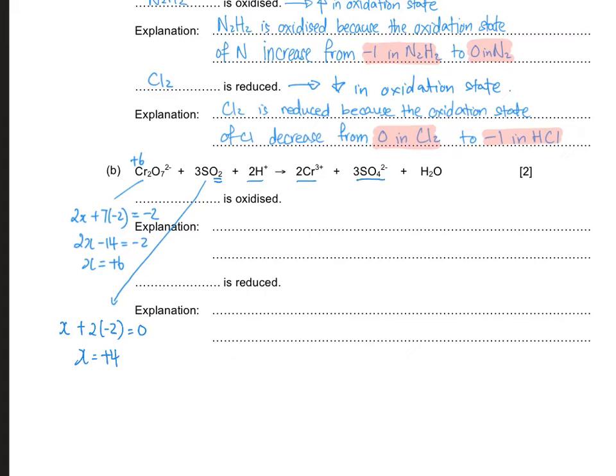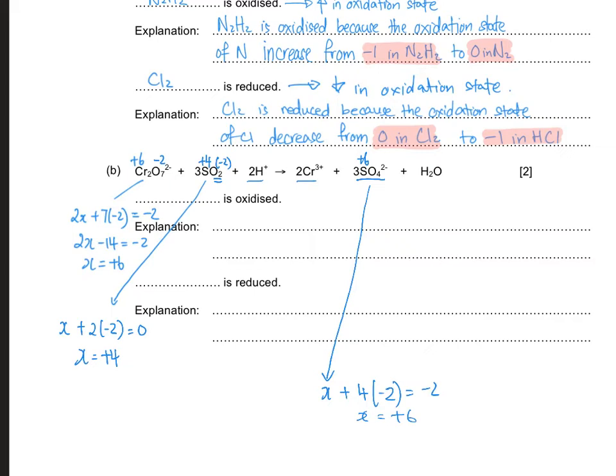You need to look at this element. So x plus 4 times negative 2 equals negative 2. If you solve it, x is positive 6. So sulfur is positive 6. Oxygen obviously is minus 2, so it doesn't change anything.